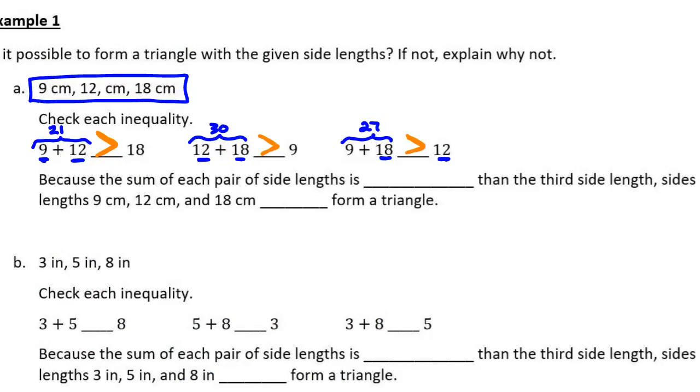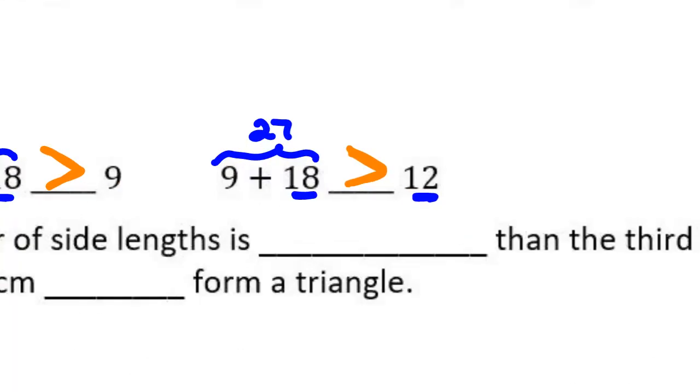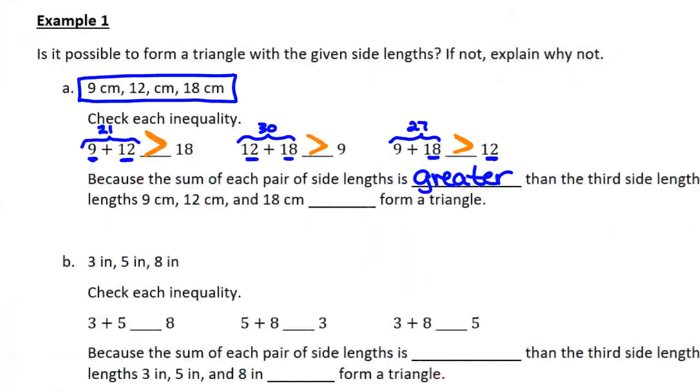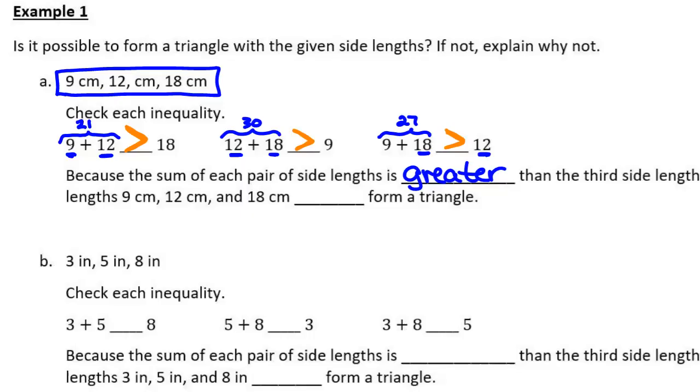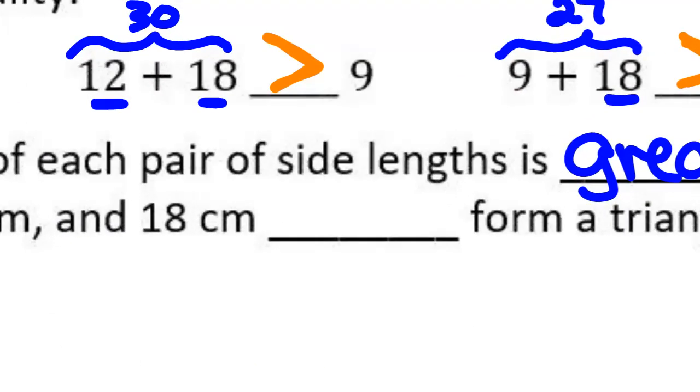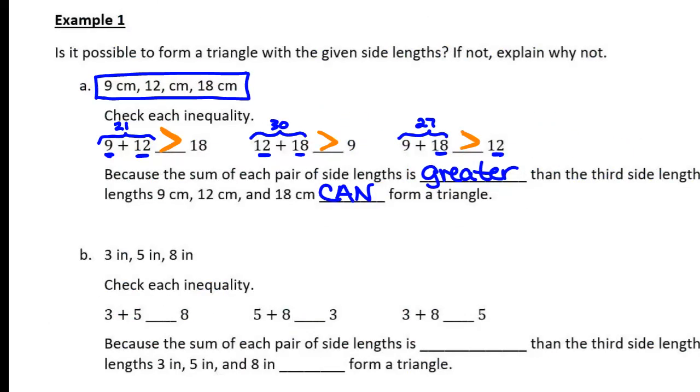Because the sum of each pair of side lengths is greater than the third side length, sides with lengths 9 centimeters, 12 centimeters, and 18 centimeters can form a triangle.